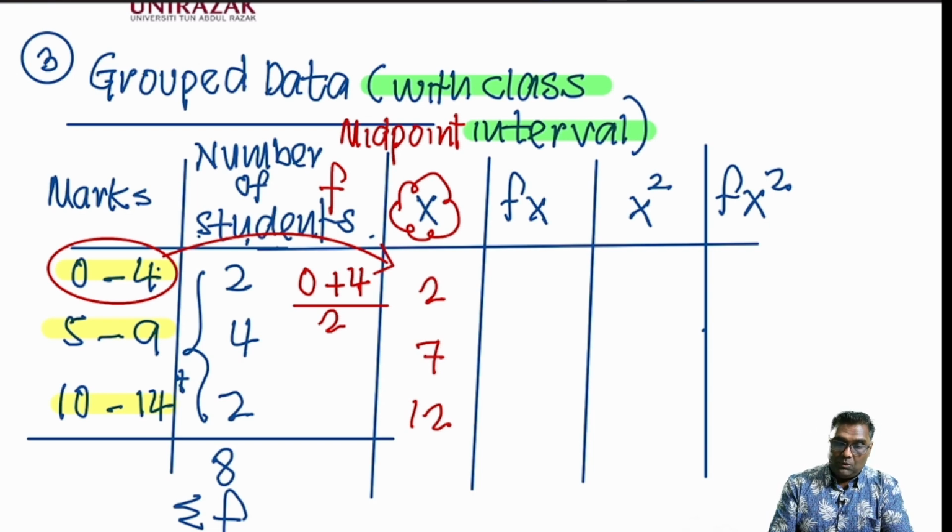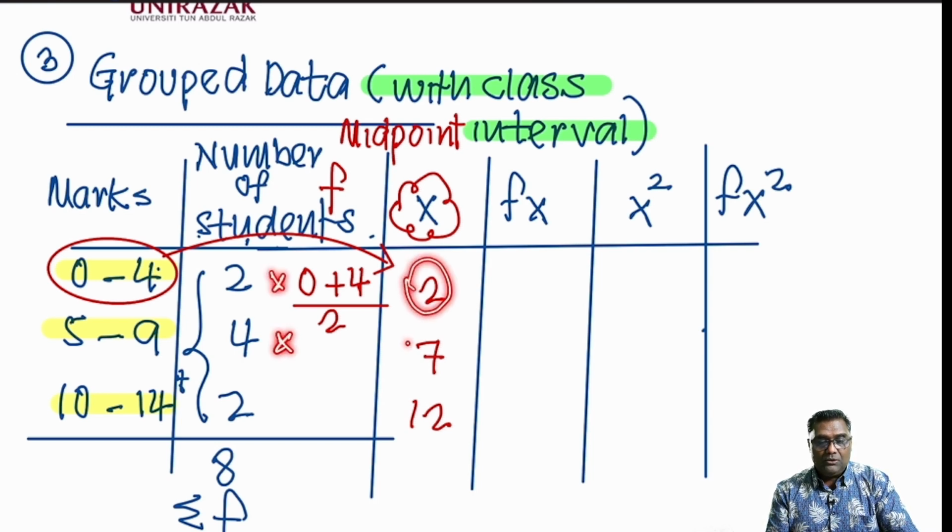Okay, now how to get fx? We did it just now. How do I get fx? Fx is you take f times with the x here. You take this, you times with this. You take this, you times with this. So from there you get 4, 28, 24.